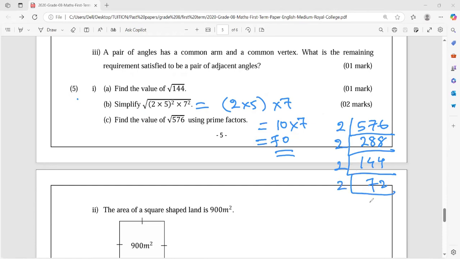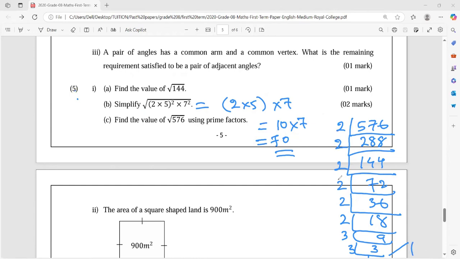Divided by 2, 36. Divided by 2, 18. Divided by 2, 9. Divided by 3, 3. Divided by 3 again, you get 1. Actually, it is 3, right? 3 divided by 3 is 1. Therefore, you get 1 as the last.